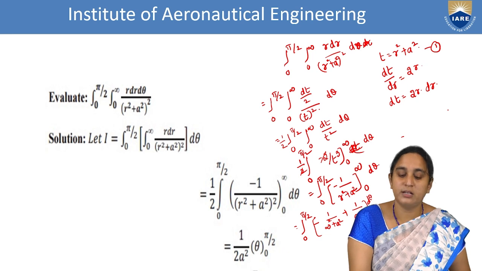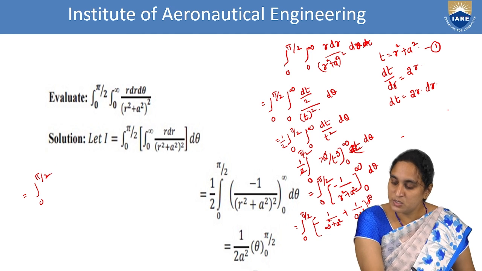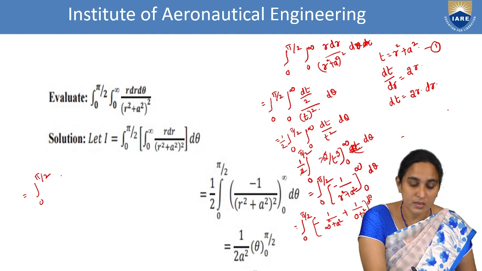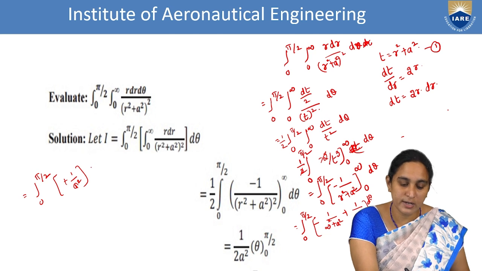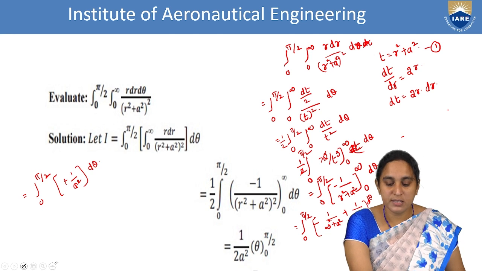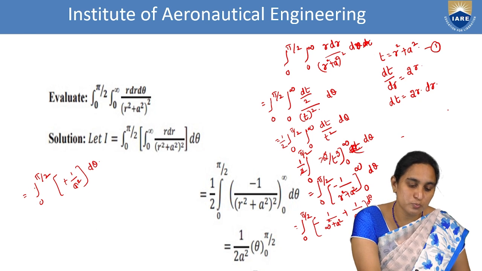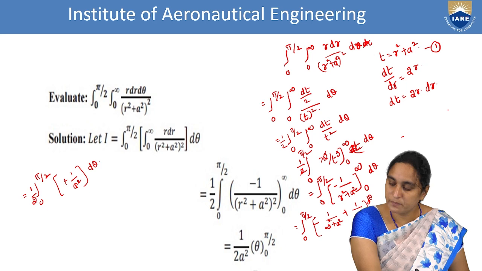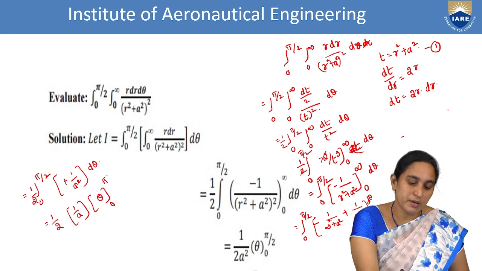From that, the first limit point is infinite and the second is 1 by a square, with 1 by 2 outside. I'm taking 1 by 2 into 1 by a square outside, and integrating with respect to theta from 0 to pi by 2.